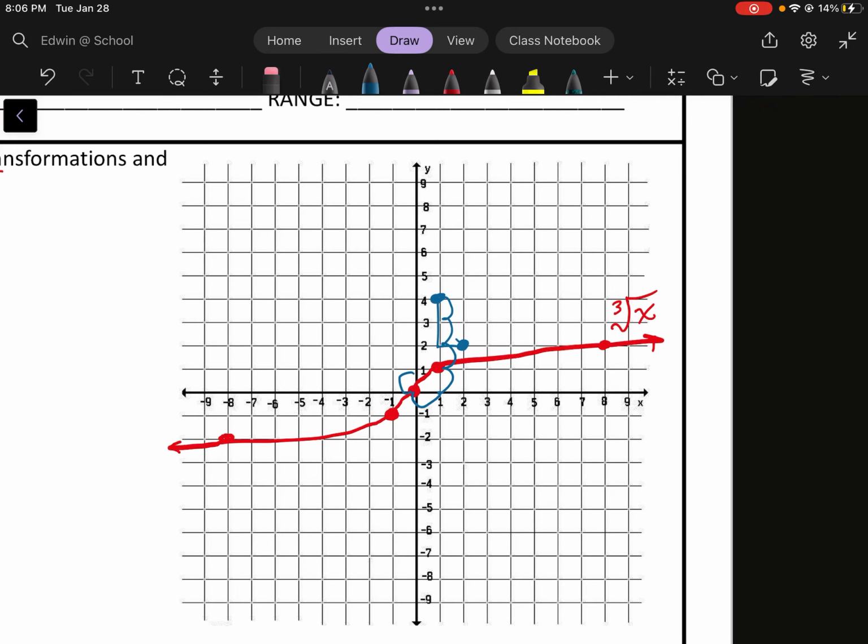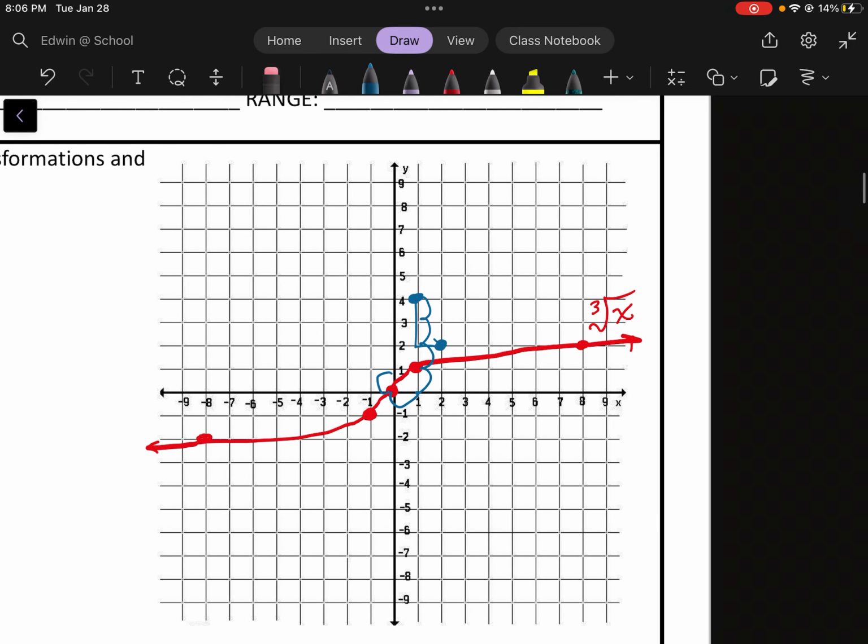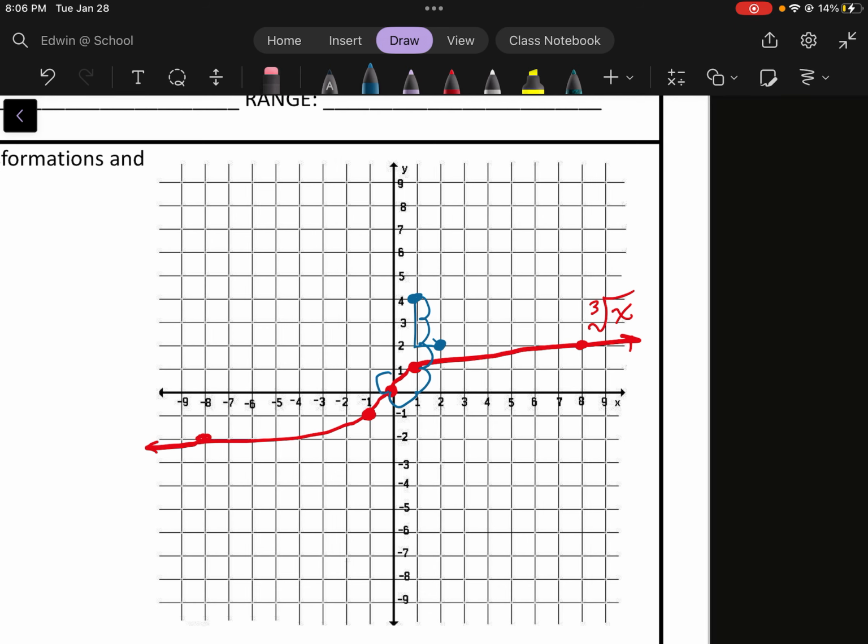The reason it goes down 2 is because of that 2 in the front, and it goes down because it's negative. And then from here, instead of going 8 to the right and then 1 up, it's going to go 8 to the right and then 2 down. It's going to be all the way down here. And then we can match up that same pattern on the left side. So it goes up 2 and then 1 to the right. If it's 1 to the left, rather.